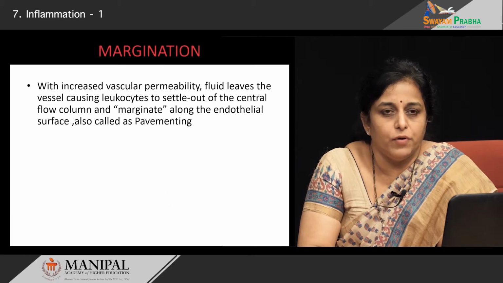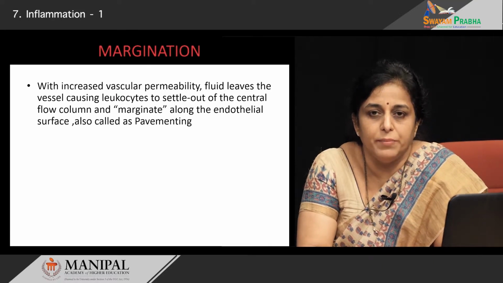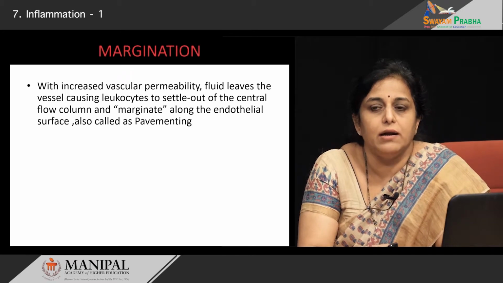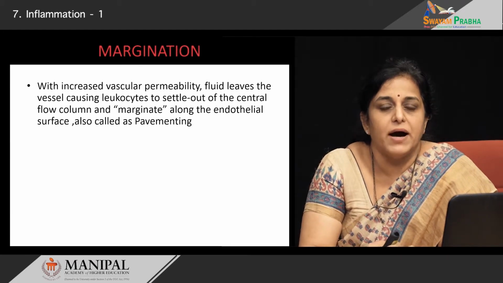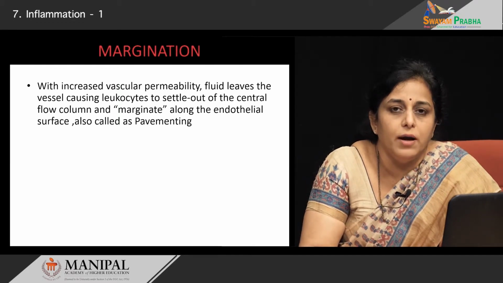So, just a bit about each of these steps which we learnt. We learnt that with increased vascular permeability, fluid leaves the vessels, causing leukocytes to settle out of the central flow and marginate along the endothelial surface, which is called margination or pavementing.